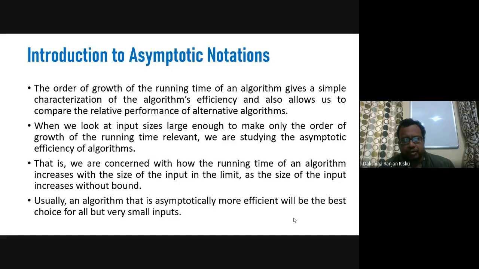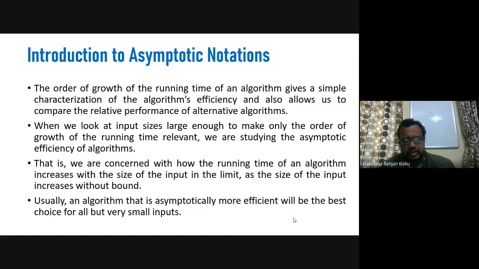If we have a problem P and if we have n number of solutions for that problem P, then we need to compare the n number of solutions to the problem P, so that we can select or determine the efficient solution to the problem.